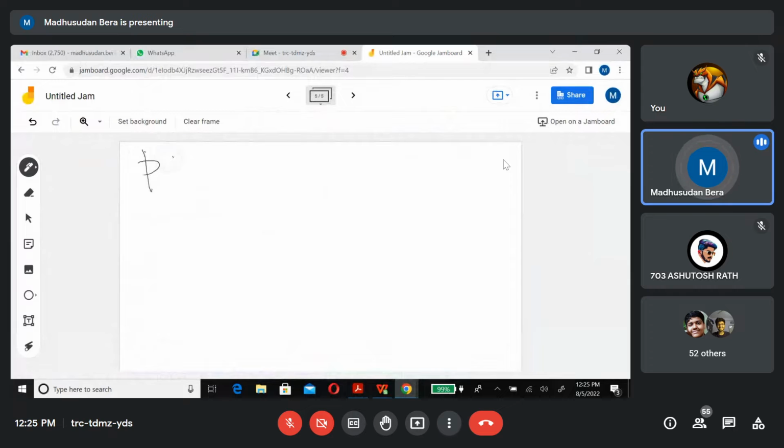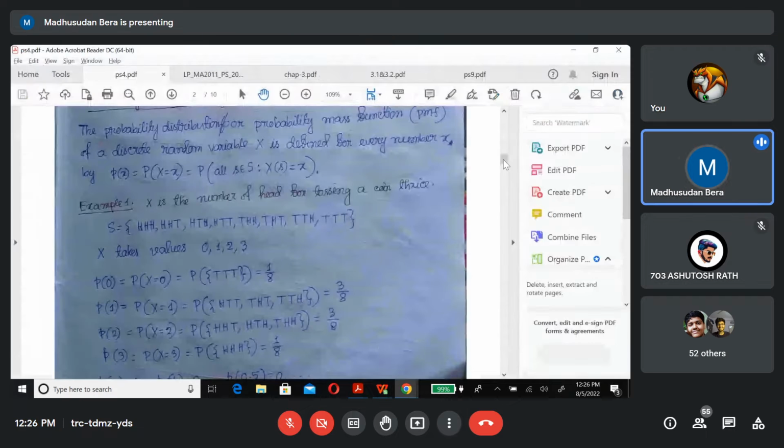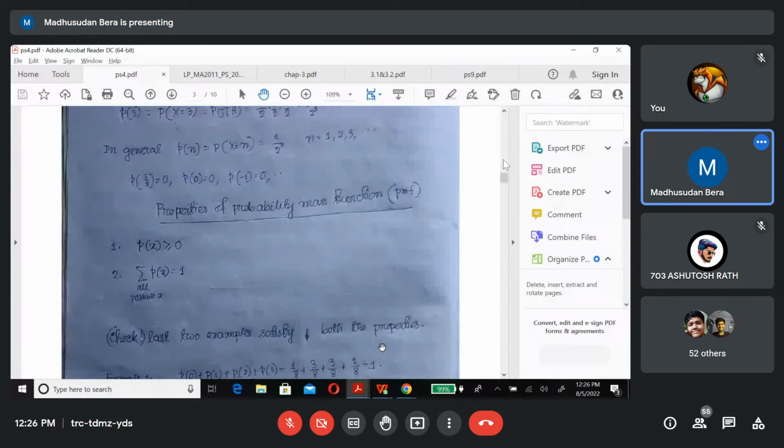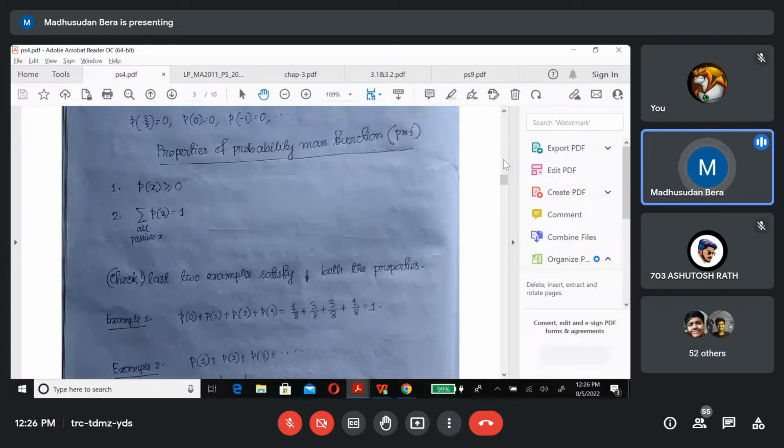Small p(x) is the probability mass function: the probability of the event capital X equal to x, meaning all events for which the value of the random variable is x. It has two properties: it is always greater than or equal to 0, and the summation of p(x) over all possible x is 1. Up to that we have studied.